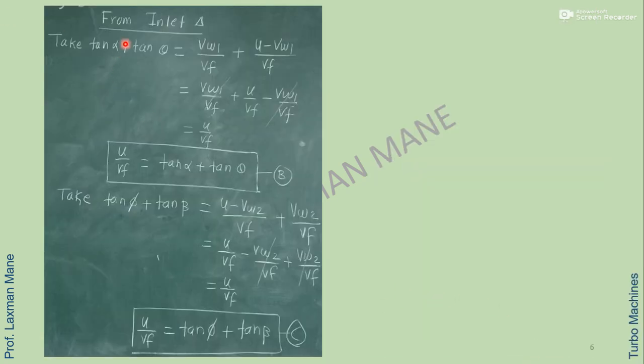Now from the inlet velocity triangle, we take tan alpha plus tan theta. So tan alpha will be what? Vw1 divided by v up, plus tan theta will be what? U minus Vw1 by v up.